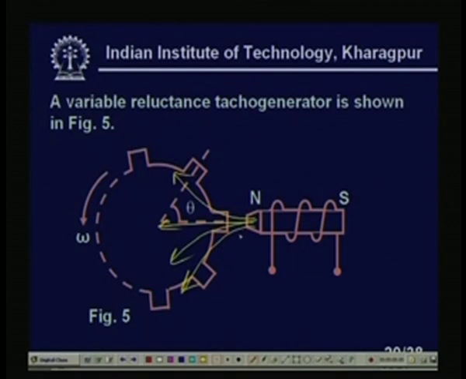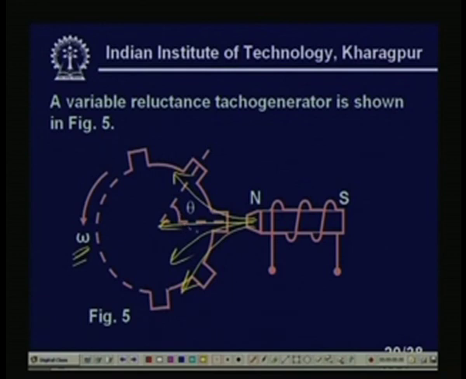Then, whenever it comes very close, reluctance will be small and flux will be high. Suppose this wheel is rotating in an anti-clockwise direction with an angular velocity of omega, right.